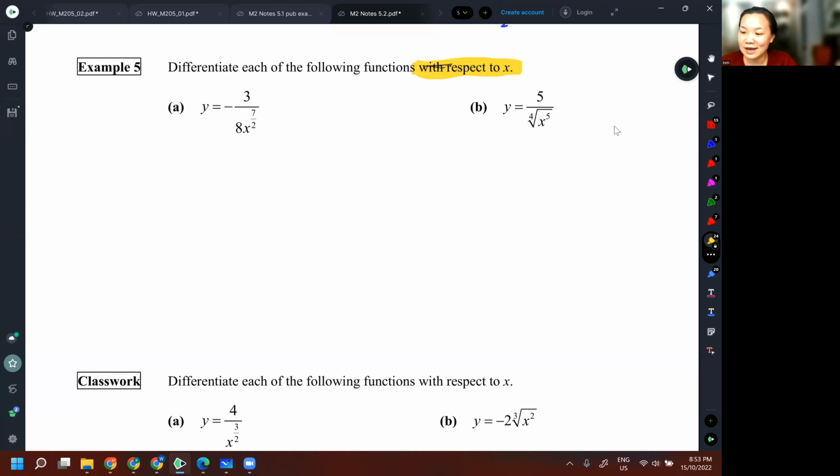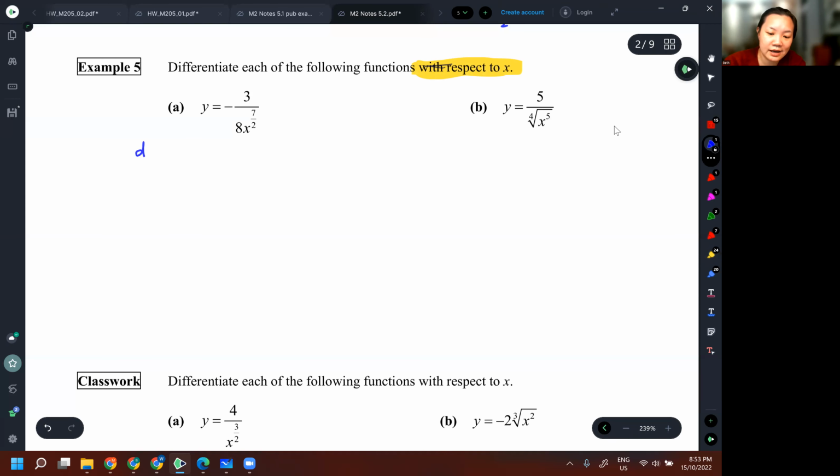Okay, now d/dx of y is equal to d/dx of negative 3/8 x to the power negative 7/2, and that is negative 3/8 d/dx of x to the negative 7/2. Wow, handwriting.